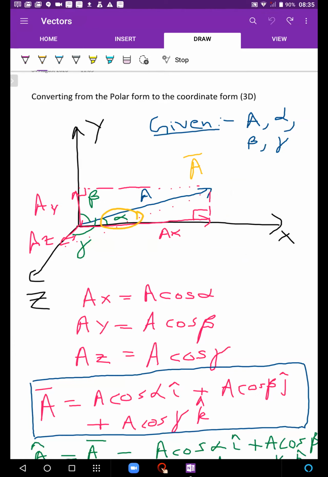We're going to call this alpha. We're going to go in alphabetical order. We'll call this angle beta. The vector makes an angle beta with the y-axis. And the same vector makes an angle gamma with the z-axis. So that vector makes some angle alpha with the x, beta with the y, gamma with the z.